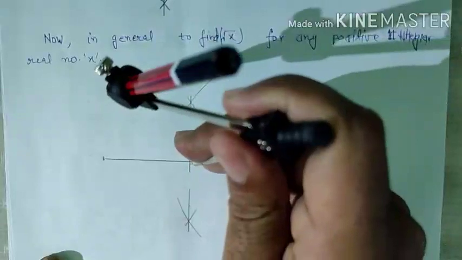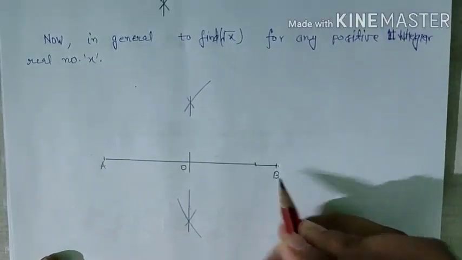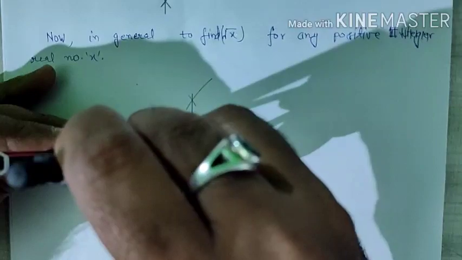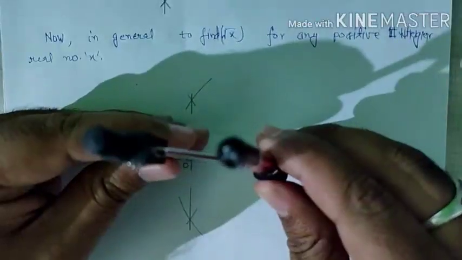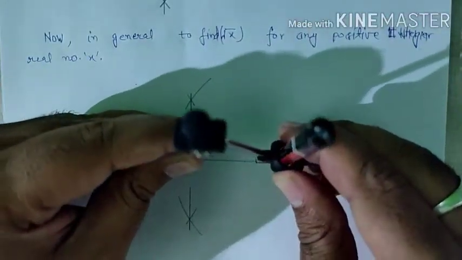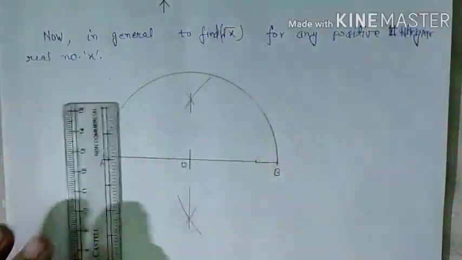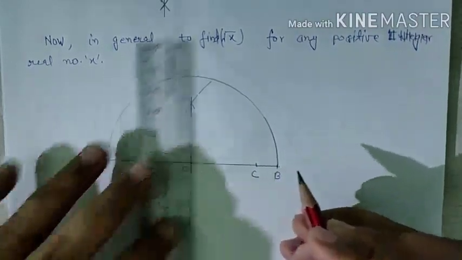Now after this we will say this point O, A and B. Now taking OA as center, draw a semicircle, and at this point say C or D, whatever you want to say.